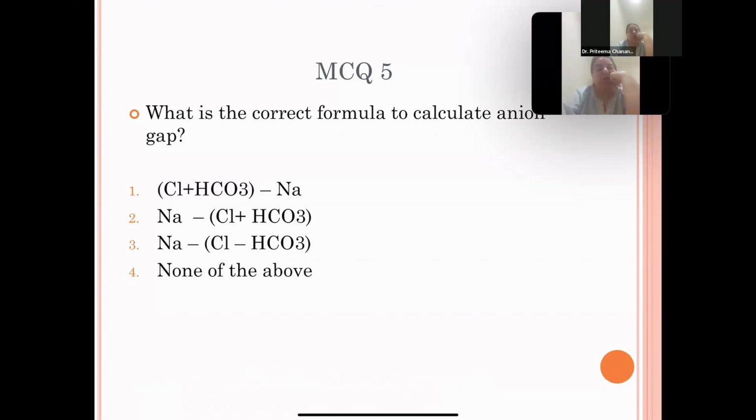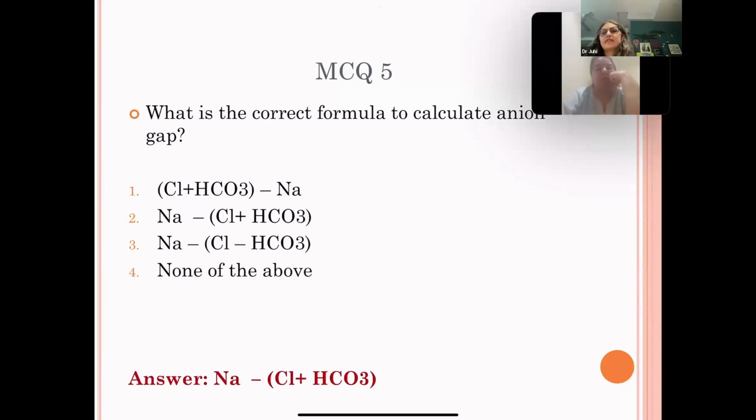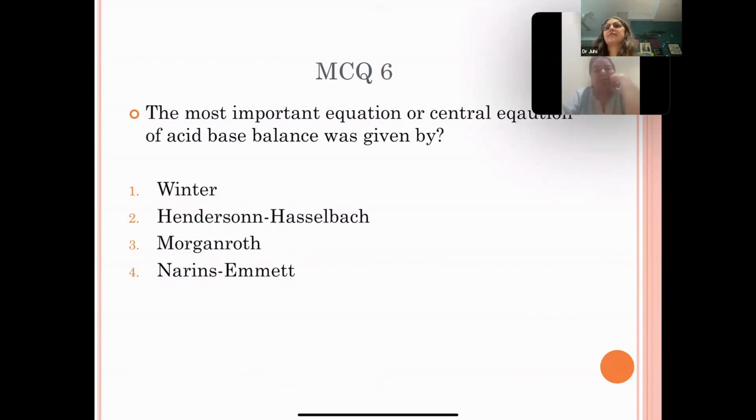Brahmara answered option 2. So out of 4, 3 answered option 2 and 1 answered option 1. Very good. So the right answer is 2. Okay, so positive minus negative. What is negative? Chloride and bicarbonate are negative ions. So we take their sum minus sodium. Okay, so 2 is the right answer.